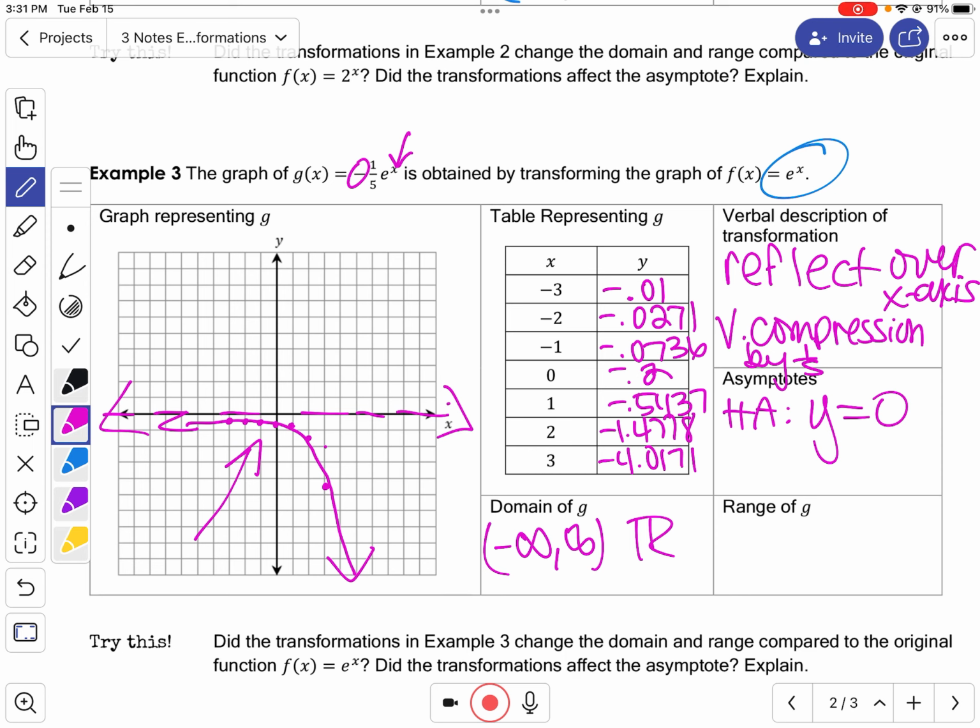So it's either going to be -infinity to 0, or you can put y is less than 0 because it's going to be reflected over that x-axis point. Okay, so on the graphing part, you're welcome to plug that in the calculator, find those points. Your transformations are the same as all the other functions that we've been talking about.